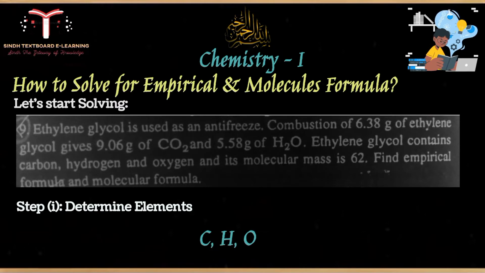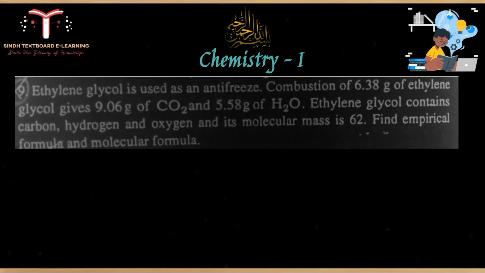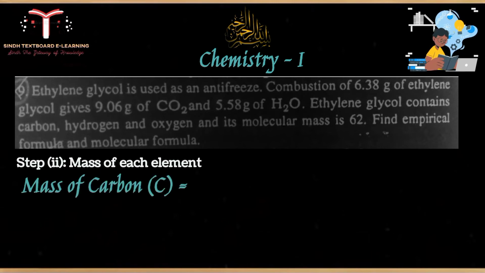First step is to determine the elements. Here three elements are present: carbon, hydrogen, and oxygen. Next step is to determine the mass of each element. For the mass of carbon, we can determine it from the CO2, because carbon is present in CO2, and we are given 9.06 gram of CO2 in the question.